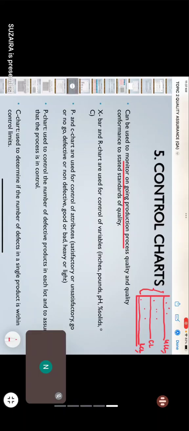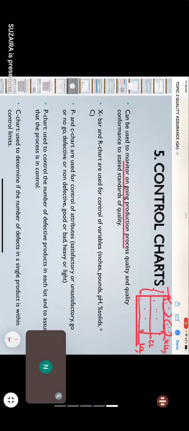And then suddenly we have this outlier. The ideal is that it should be in between the UCL and LCL. So what happens if we have samples or products beyond that level, or below the LCL? Of course, there are preventive measures that we need to take.